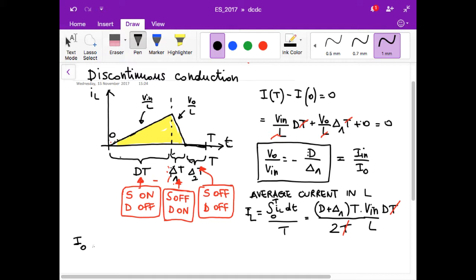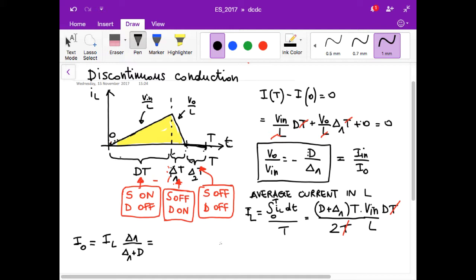So basically we can write that the output current is equal to delta 1 over delta 1 plus D, because the current to the inductor, which is this one, here the inductor is detached from the load, only passes through the inductor during this period.